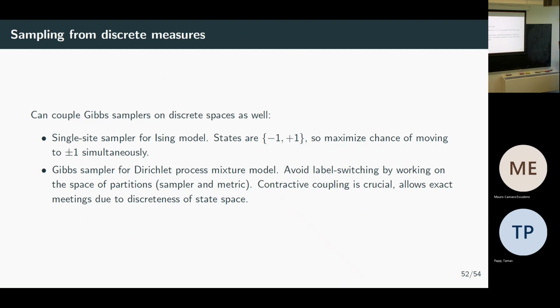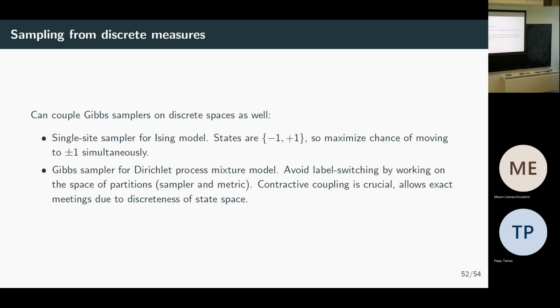Because it's discrete, the marginals are just sums of weighted Dirac masses, and you can calculate the optimal transport coupling between the marginals exactly using linear programming. If your number of data points isn't too big, that is okay.